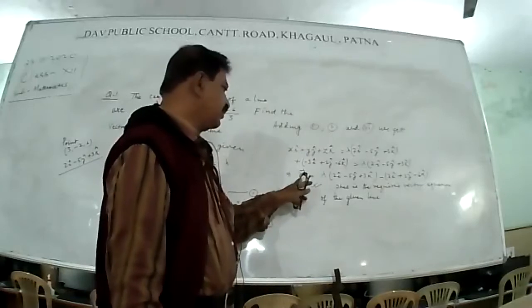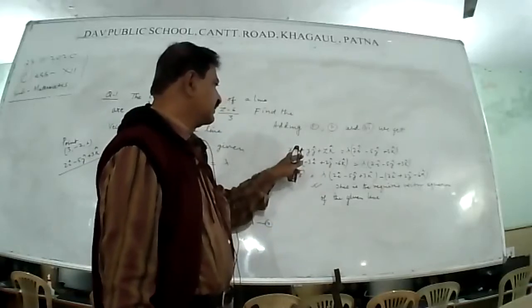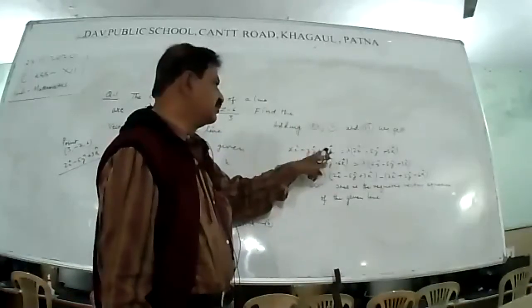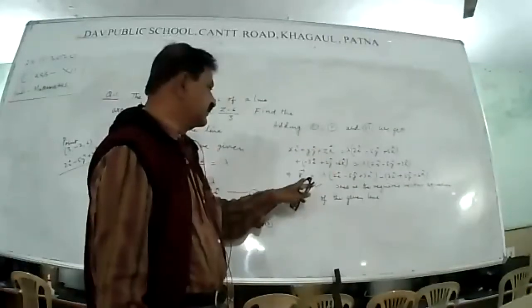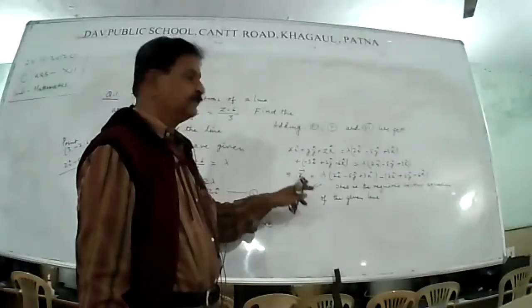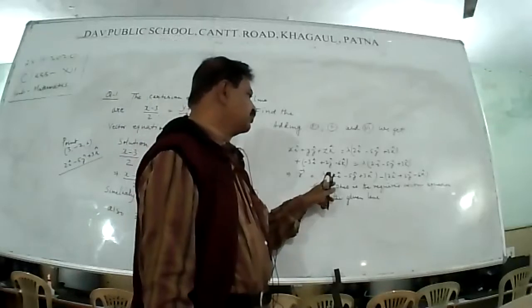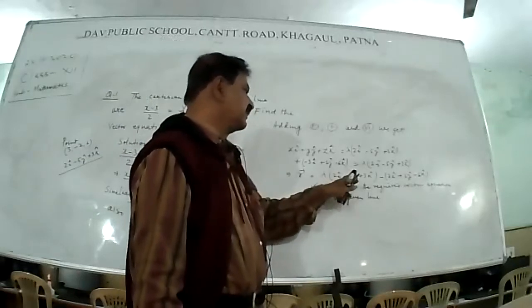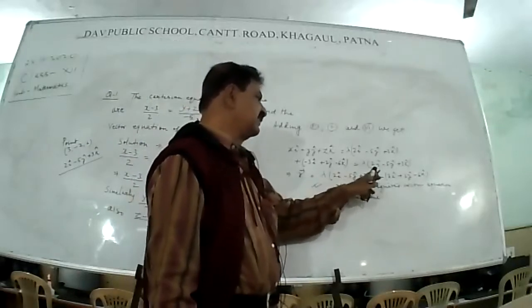And this is in the form r vector. We know that x i plus y j plus z k is equal to r vector. And r vector is equal to lambda 2 i unit vector minus 5 j unit vector plus 3 k unit vector.